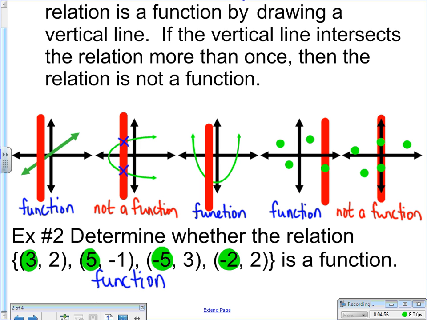Now that goes over the 2 ways to determine something is a function. You look to see if the x's repeat, or you do the vertical line test to see if the graph is intersected more than once. More than once is like if it was repeating an x. All right, so hopefully you can determine functions.